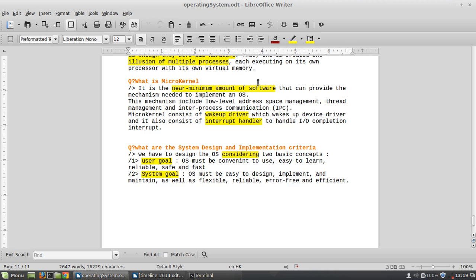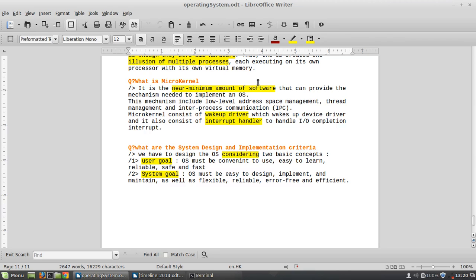Lastly, what is the microkernel? A microkernel is a near minimum amount of software that can provide the mechanism needed to implement an operating system. That means a very minimum amount of software that is required just to use the mechanism to implement the operating system.